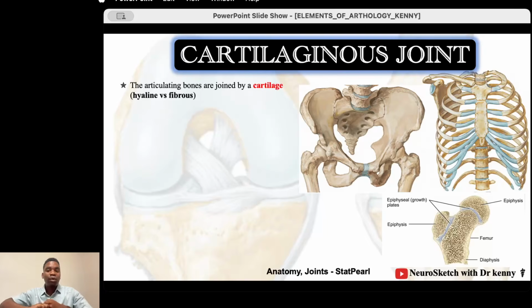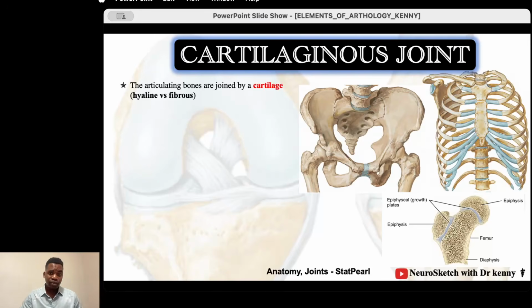But we have two important cartilages that make up these joints: the hyaline cartilage, and the fibrous cartilage, or fibrocartilage.